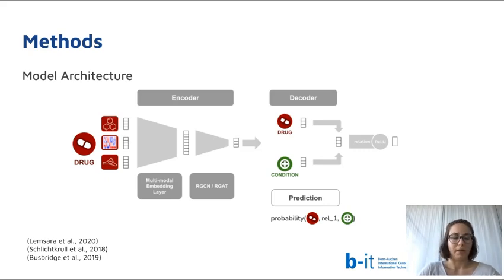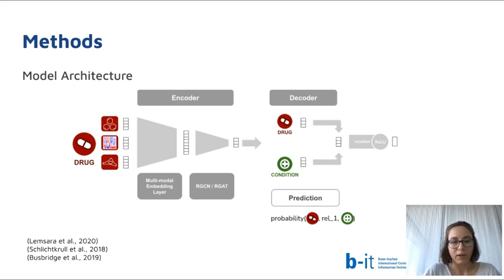As to the methods and the approach we developed, we have this model architecture, which I will explain in some steps now, which is comprised of an encoder and a decoder part. The encoder part starts with a multimodal embedding layer, meaning that we can use this multimodal input from the slide before of a drug that is comprised of different modalities, and then generate a d-dimensional vector embedding of that.